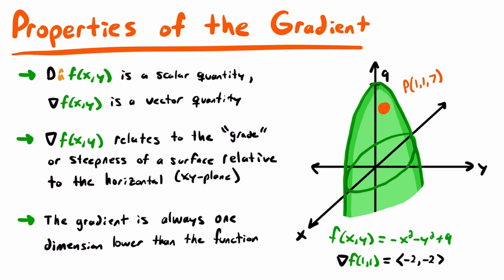And so this point on the surface has x and y coordinates of 1, 1. And so if you make that z coordinate 0, that point would be located somewhere right about here in the xy plane. That would be the point 1, 1. From that point, you could draw this gradient vector. Its x component is -2, and its y component is -2. So from this point, to find the terminal point, you would move -2 in the x direction and -2 in the y direction.